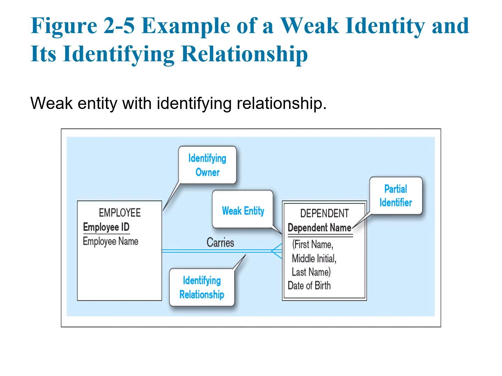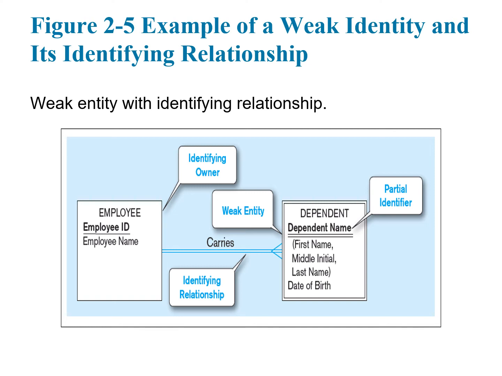Note that the dependent identifier is only a partial identifier. The full identification requires the identifying owner's identifier as well. Also note the double lines that distinguish the weak entity and the identifying relationship.